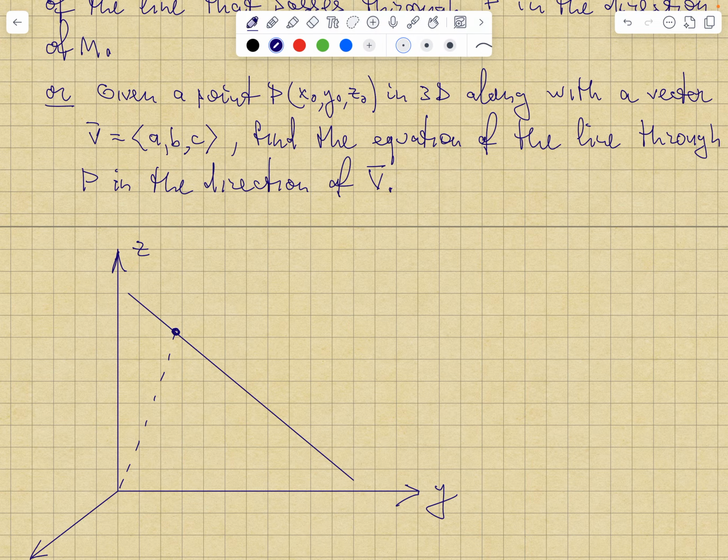And I can then introduce a position vector towards P, and this vector will have components x0, y0, z0, and this would be something that I'm going to call R0. So R0 is this vector here.